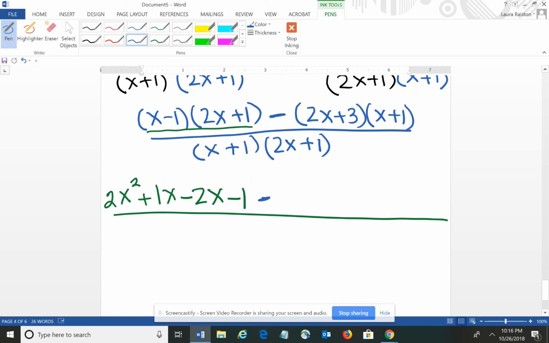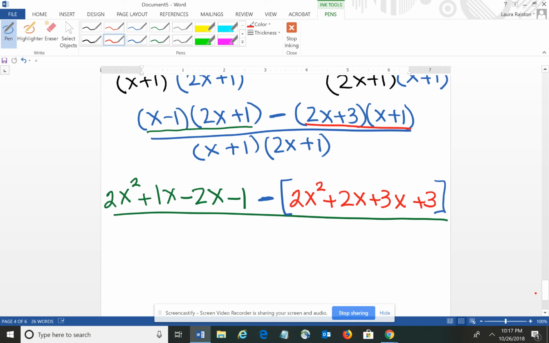Okay, so I've got to be extra careful here. I need to do that second multiplication, and then I'll worry about the fact that it's subtraction. So I'm going to FOIL these second two pieces together. So I have 2x squared plus 2x plus 3x plus 3.